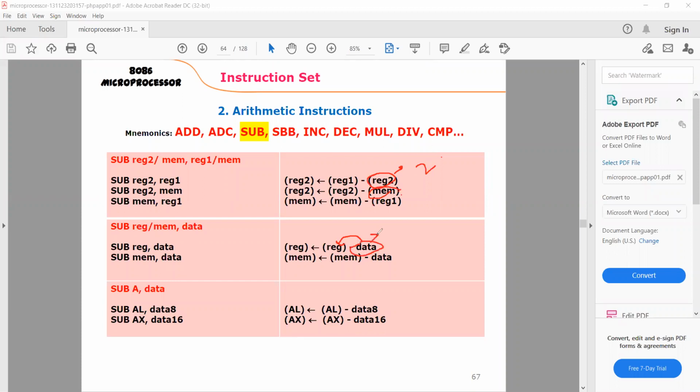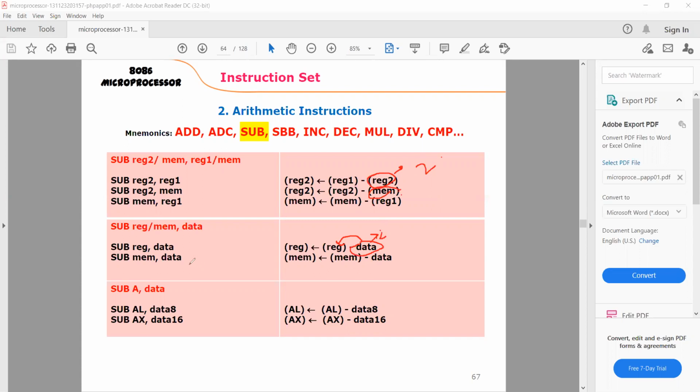You have to understand that the source operand data will undergo the 2's complementing procedure.